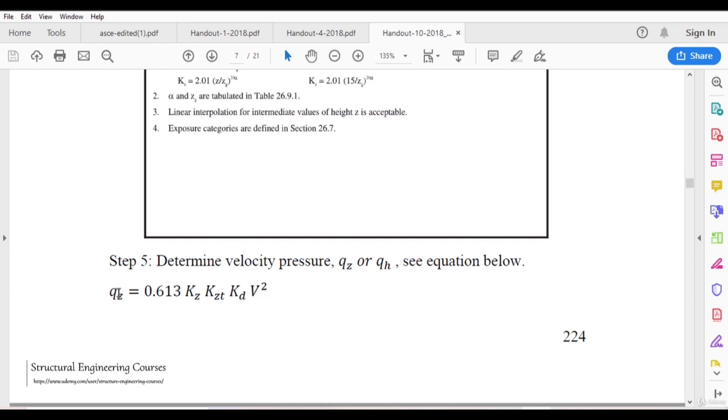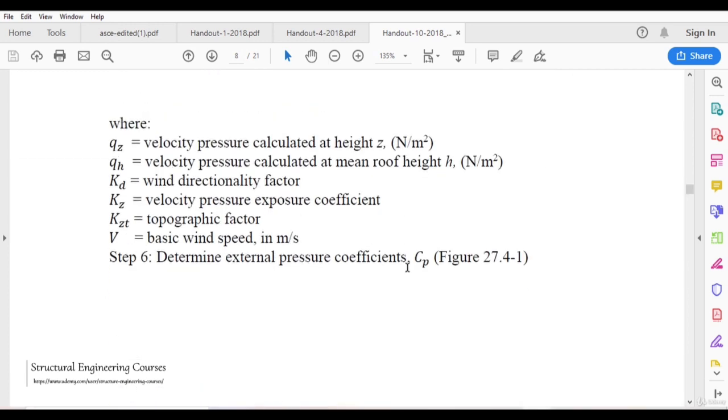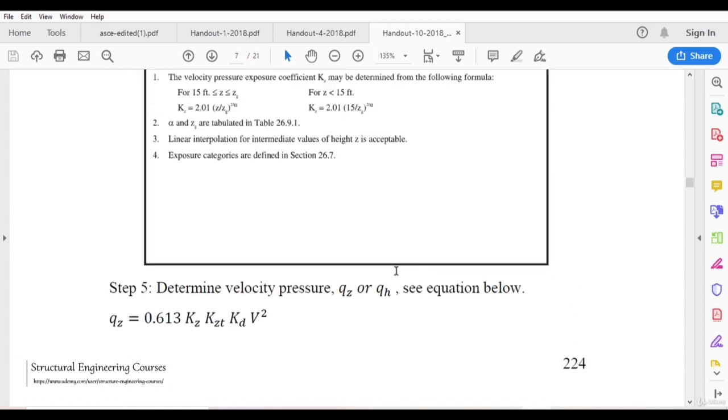So you should notice that if you have read the American standards, they give two types of formulas for each and every arrangement. One formula they give for the US units, and the second formula they give for the SI units. So this is the formula that is applicable only for SI, that is 0.613 times Kz times Kzt times Kd times V squared.